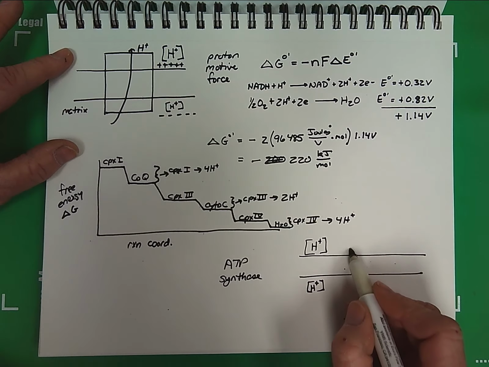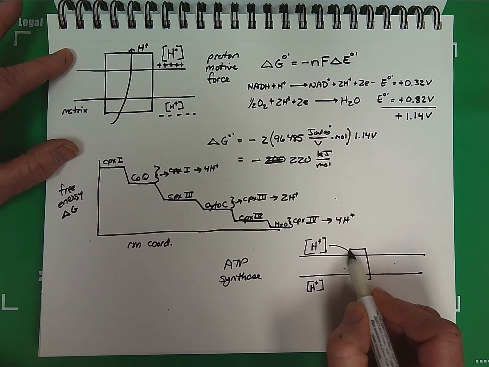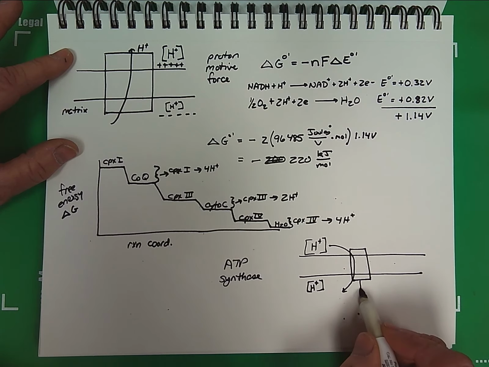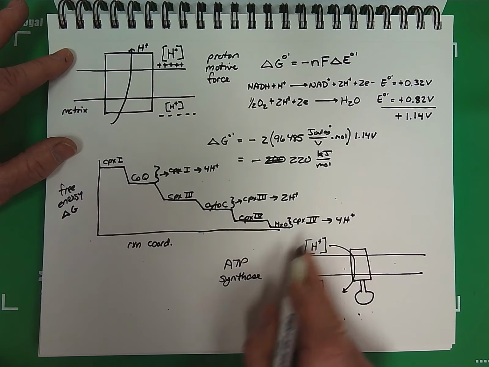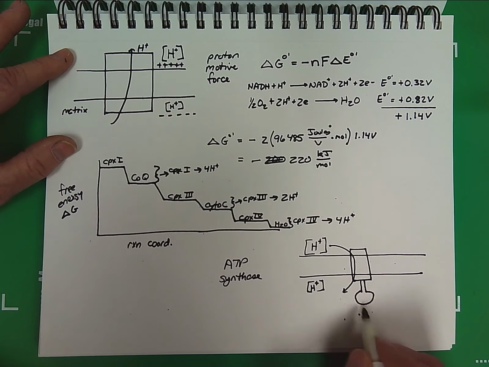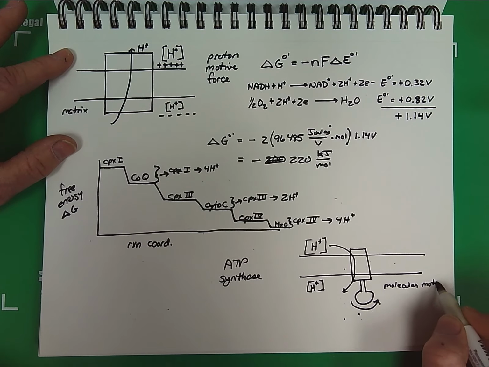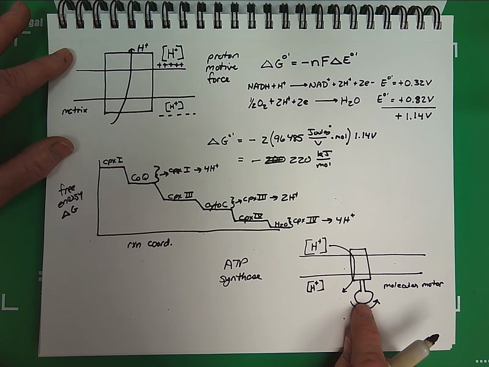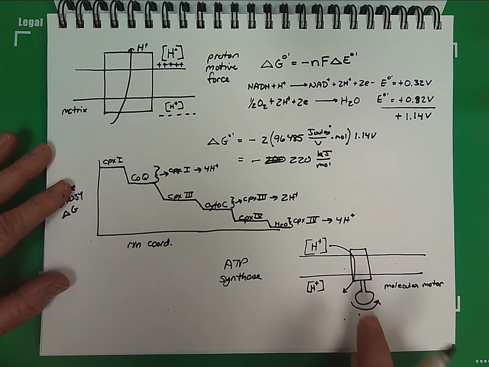And so this gradient we are going to use in order to generate movement in our molecular motor. So the dissipation of this gradient, which is stored energy, will be transformed into kinetic energy of spinning this molecular motor. This kinetic energy causing this movement will be harnessed by this enzyme complex to generate ATP.